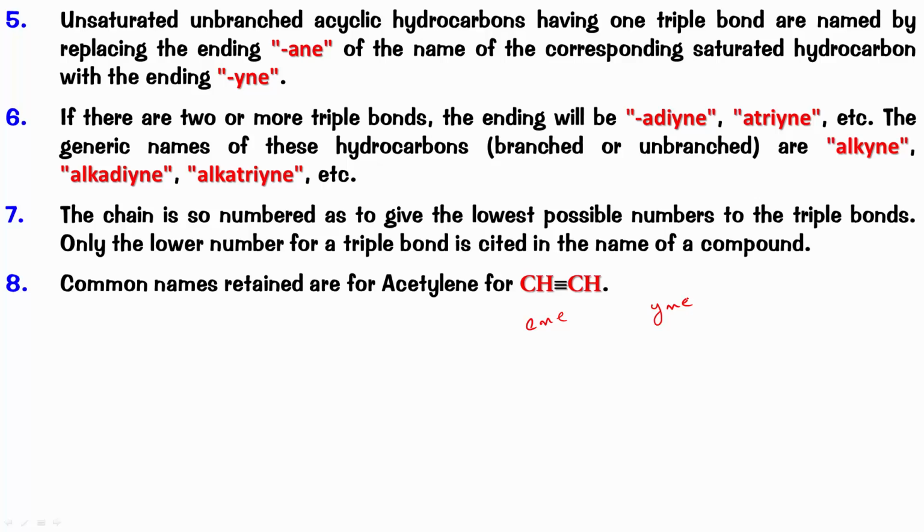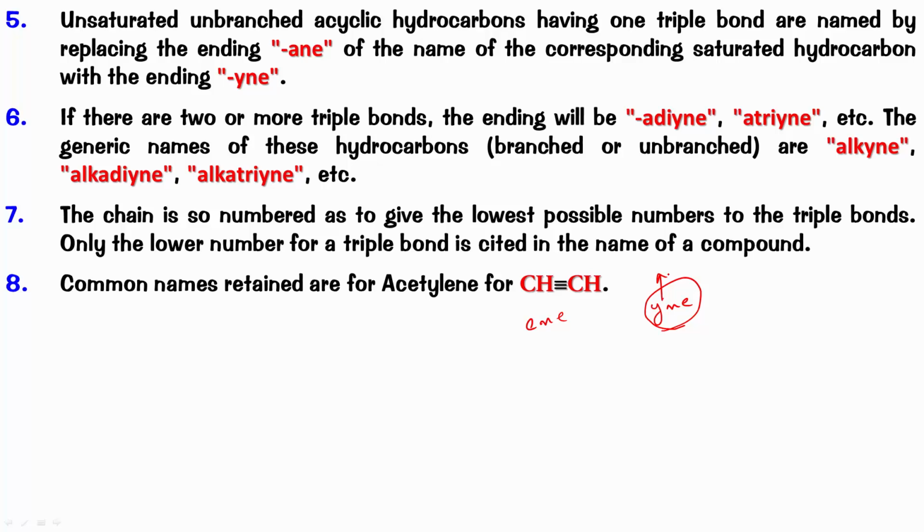Now remember, this particular word is pronounced as yne. Though we have y here, the sound that is produced when I say yne, it seems as if it starts with a vowel.